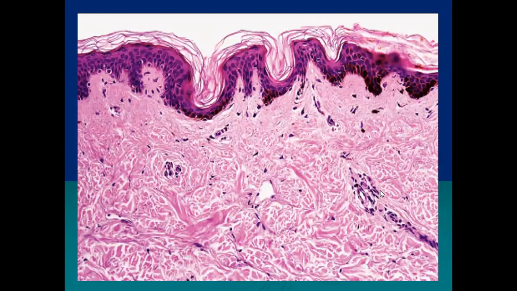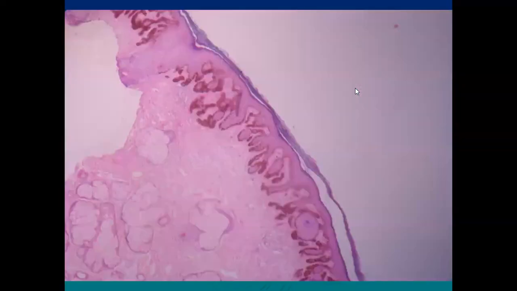So this image is quite a typical image of a freckle. Freckle is a condition in which there is only increased pigmentation of basal and suprabasal keratinocytes. There is no melanocytic hyperplasia.